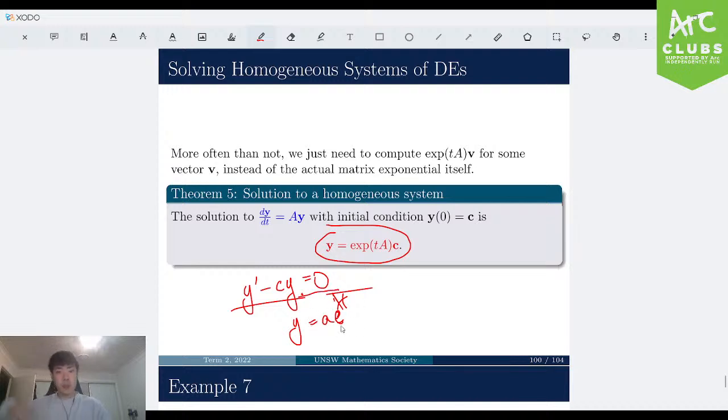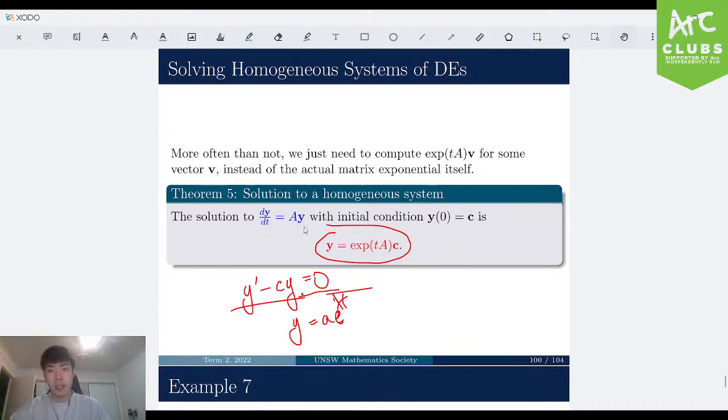Yeah, same intuition here, except we're working with matrices and vectors, so instead of scalars a and λ, we will have matrix A and vector c. Okay, same logic here.